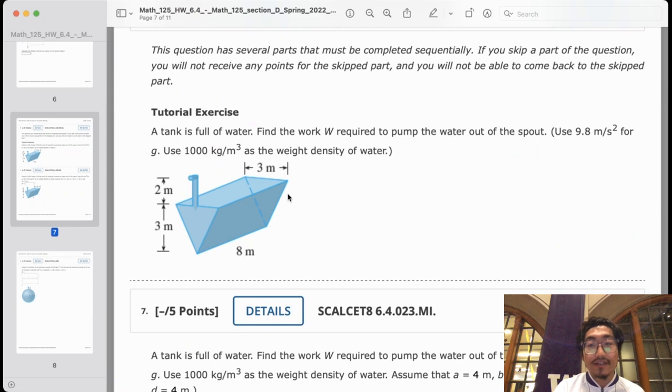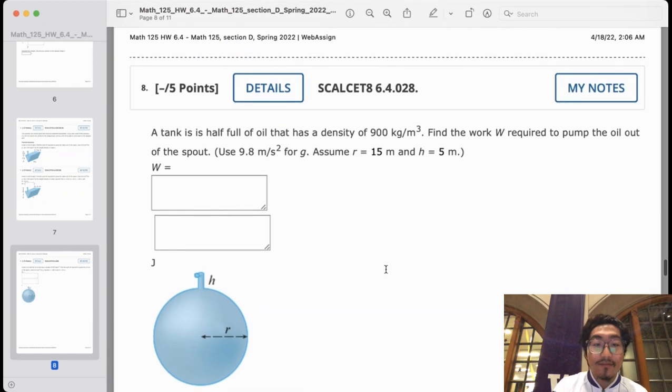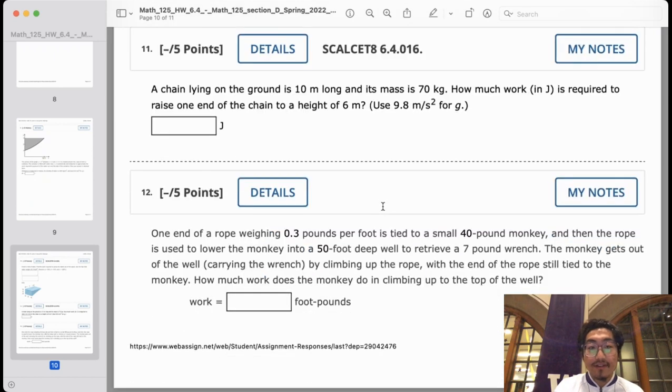It's the one thing where you find the volume, and the work distance is the pumping distance. And the following one, number 20, is a sphere. So I'm just going to discuss this problem instead. This is going to be a hard one, but I'm going to talk about more problems.